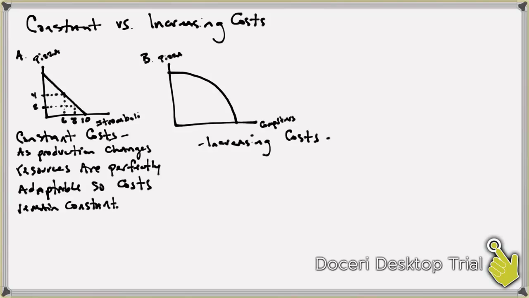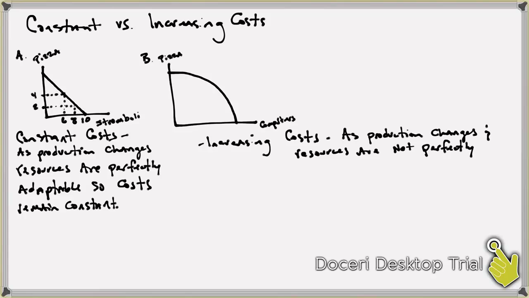So let's just put down here that as production changes, and resources are not perfectly adaptable, the costs increase.